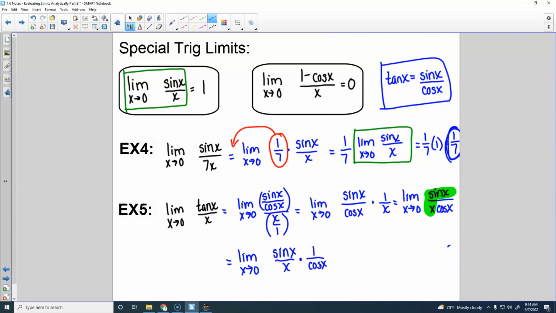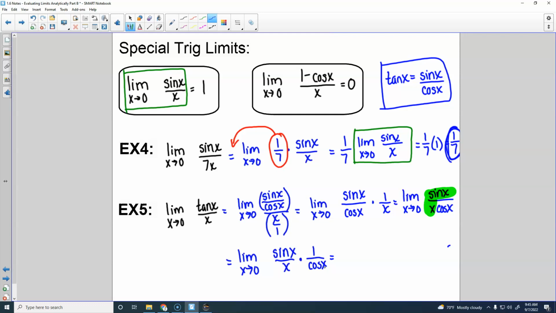So limit properties then tell me that, for this one, I can't take, like I did right here with this 1/7, and just pull it out front. I cannot do that here because this has an x with it. So I can't just take that 1 over cosine x and pull it out to the front because it has a variable.